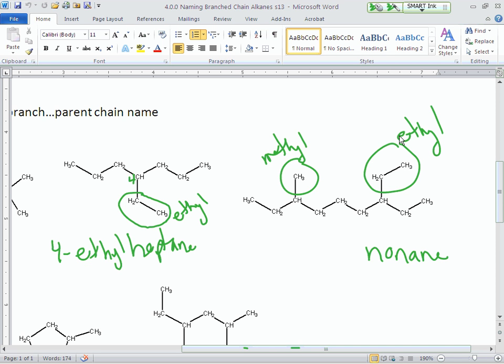And now we've got to pick sides for numbering. You'll notice it's identical, 1, 2, 3, 4, 5, 6, 7 either way. So you might think it doesn't matter. But when you have a choice, what are we going to choose? You could think that because methyl is the smaller one, you're going to pick it first, but that's not what we go by.